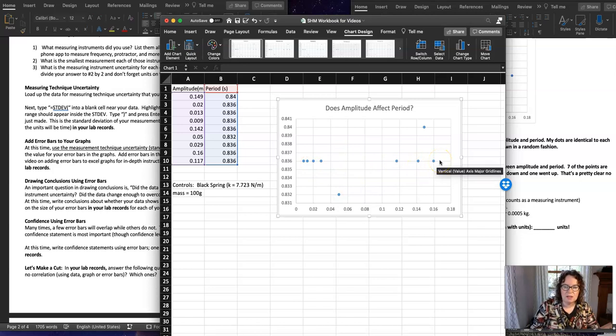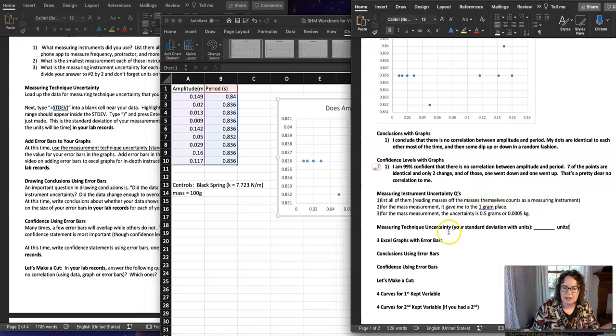Okay, and so you're only going to have Y error bars, and the size of your Y error bar is going to equal that standard deviation that you got just before here. No X error bars, so just Y ones, and you're going to enter them into your graph, and then you're going to cut and paste those graphs, you might have up to 3 graphs, into your lab skeleton. Go ahead and get those error bars and the graphs with the error bars, put them in there now.